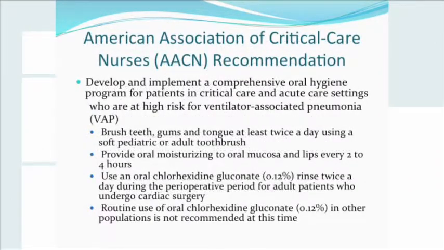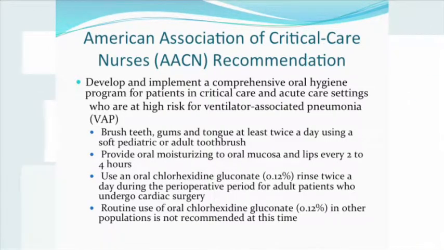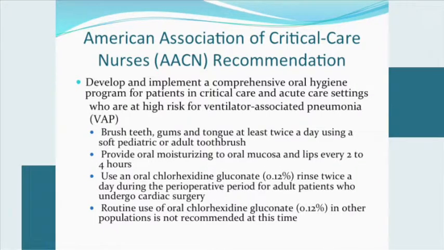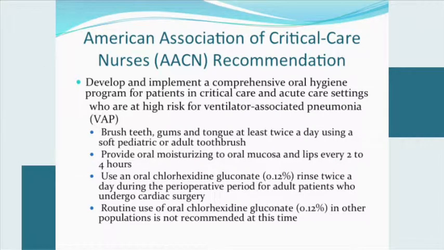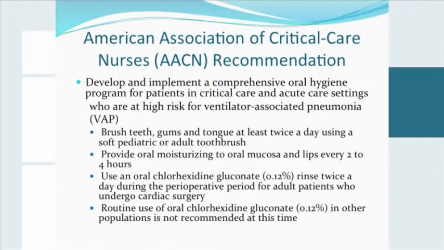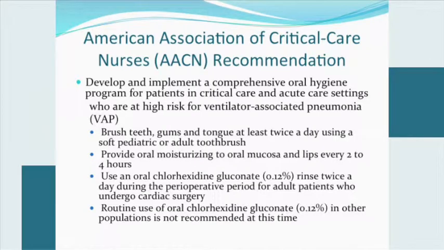The American Association of Critical Care Nurses recommends a comprehensive oral hygiene program for patients in critical care and acute care settings who are at high risk for ventilator-associated pneumonia to include brushing teeth, gums, and tongue at least twice a day using a soft pediatric or adult toothbrush, providing oral moisturizing gels to oral mucosa and lips every 2 to 4 hours, and use of an oral chlorhexidine gluconate 0.12% rinse twice a day during the perioperative period for adult patients who undergo cardiac surgery.